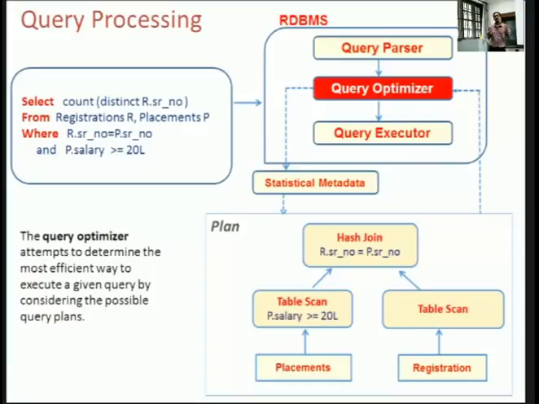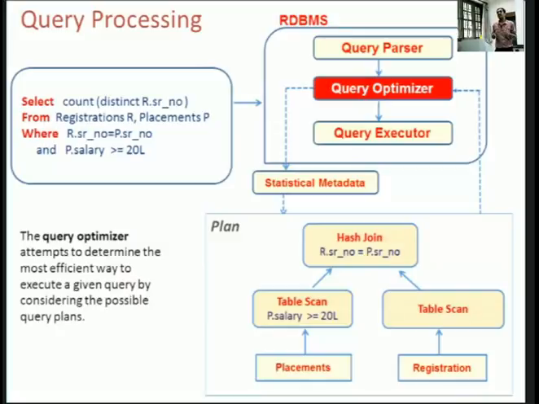Okay, does everyone understand what a plan means? I'll give another analogy. It's like you want to reach the Bangalore airport from here. In the SQL, you have told I want to reach the airport from IISc, okay?